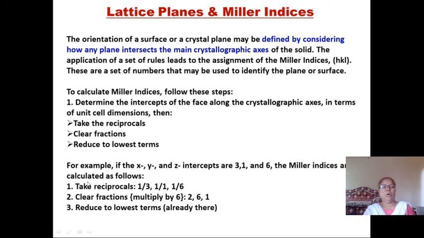The reciprocals are, on x-axis 1/3, on y-axis 1/1 and on z-axis 1/6. Then clear fractions by multiplying by 6. Here we get 2, 6 and 1. Then reduce to the lowest terms.